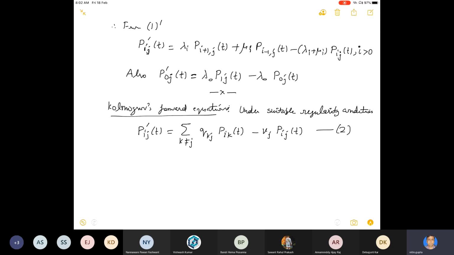This is equation 2. So let us see the solution of this.